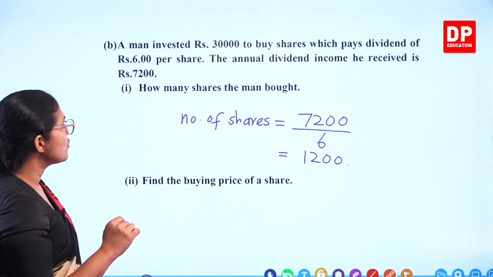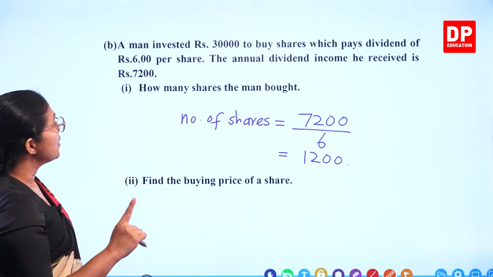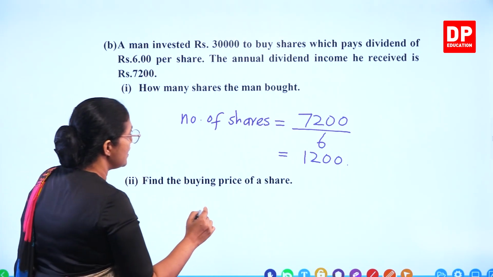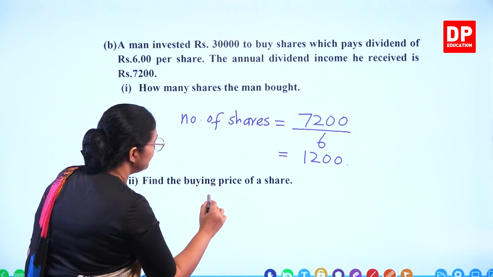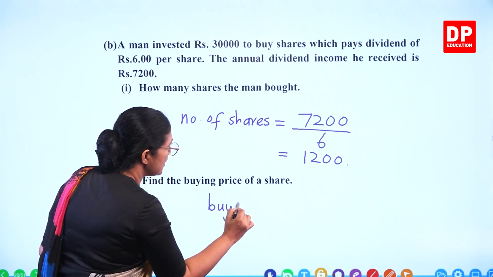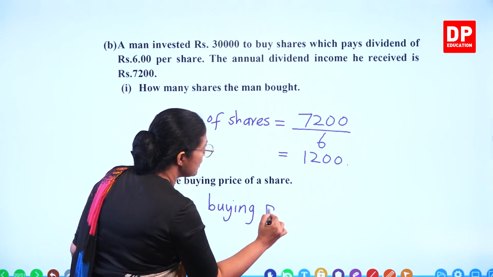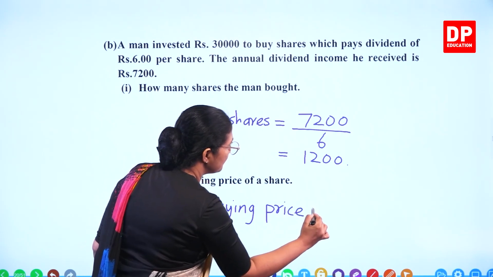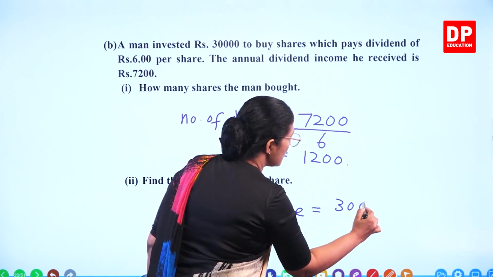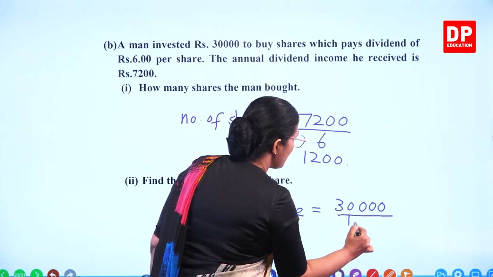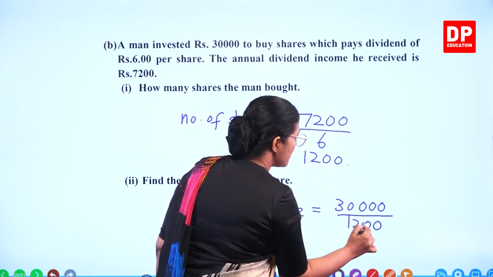Find the buying price of a share. 30,000 rupees invested. So what is the buying price? 30,000 divided by number of shares. 30,000 divided by 1,200.